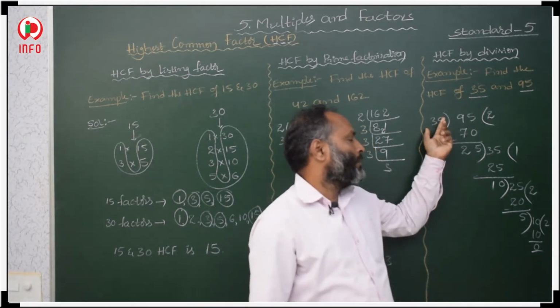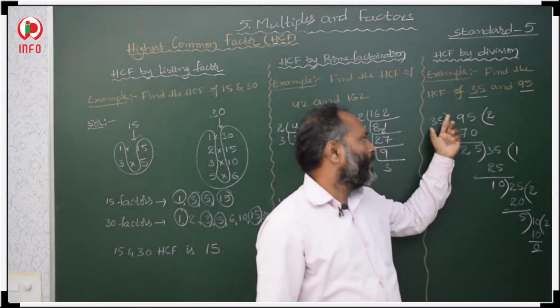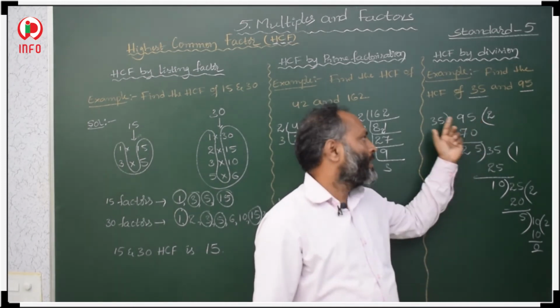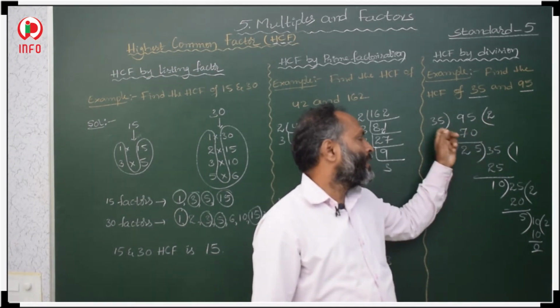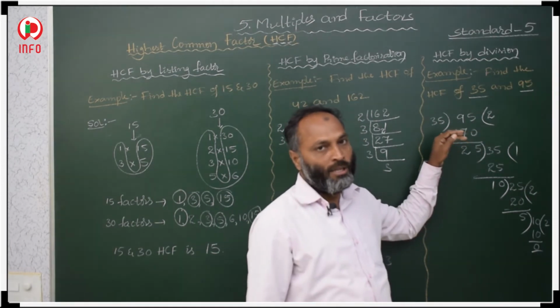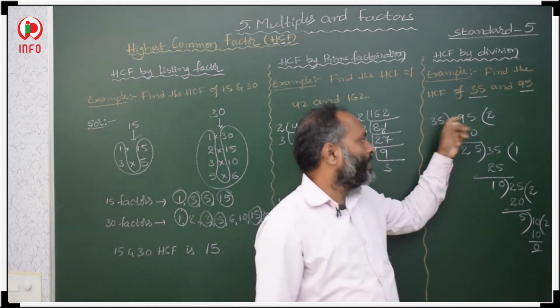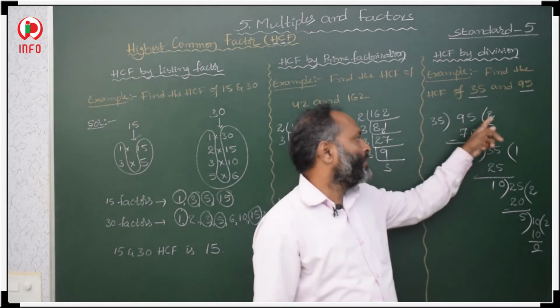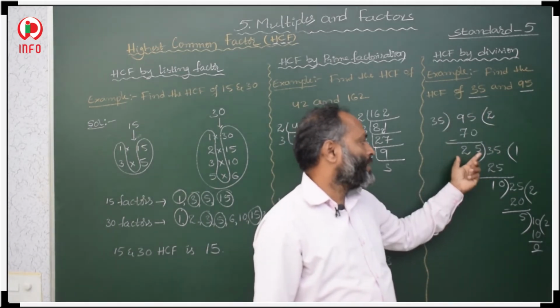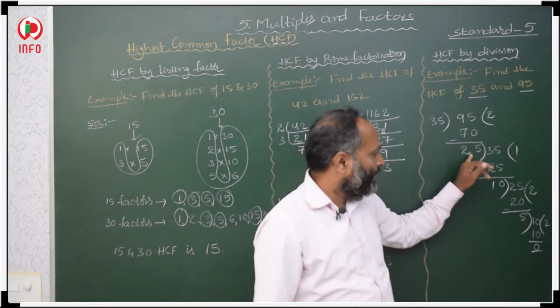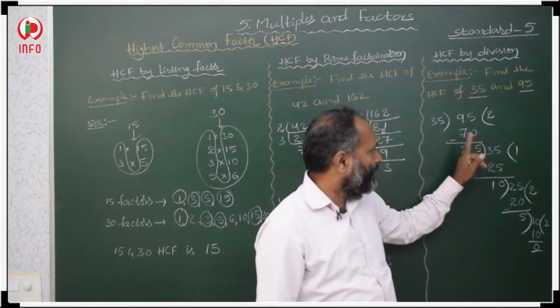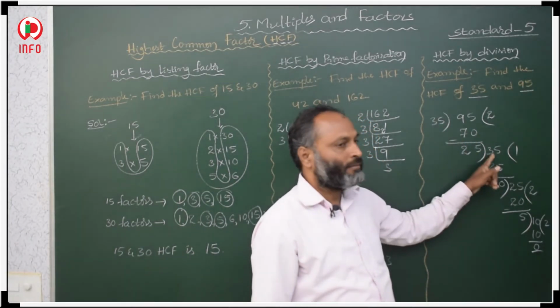First you take the smaller number and divide it into the bigger number. 35 2s are 70. 35 3s are 105, that is more than this. So we go for 35 2s are 70, and minus it, 25. This is the remainder. The remainder divides this divisor.